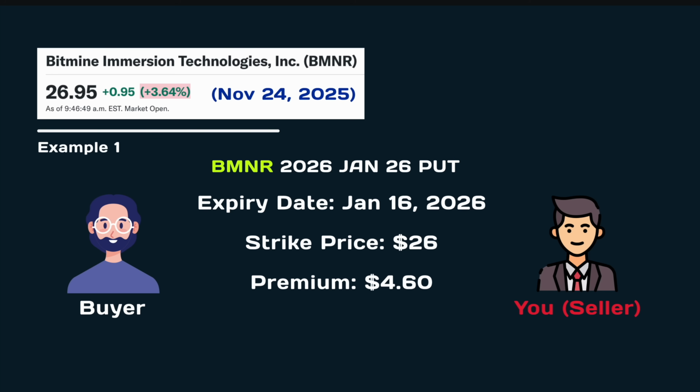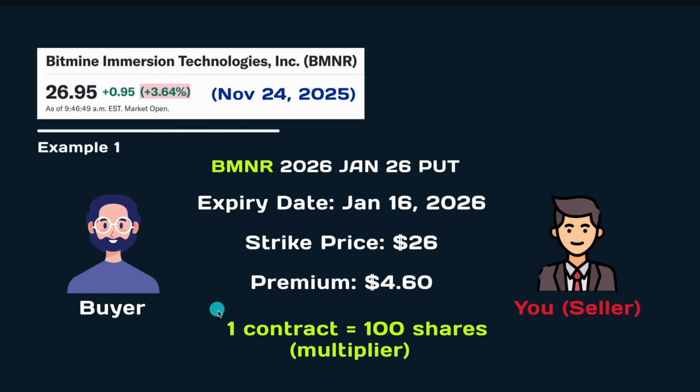engage in this contract. Now, let me clarify something that's very confusing about trading options. It's called the option multiplier. Although it's never explicitly stated anywhere, any option buyer and seller would know that one option contract on the marketplace stands for 100 shares.